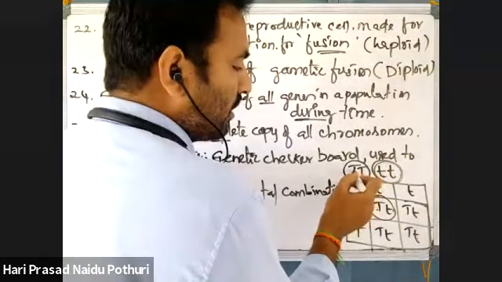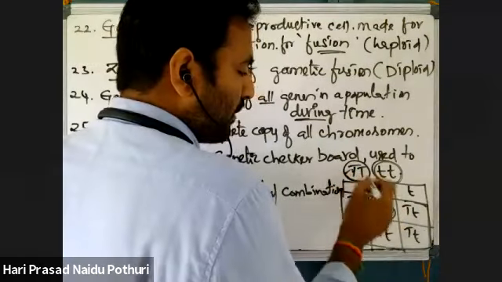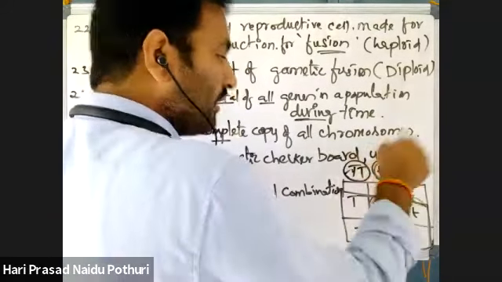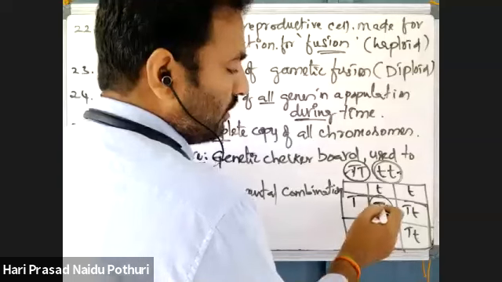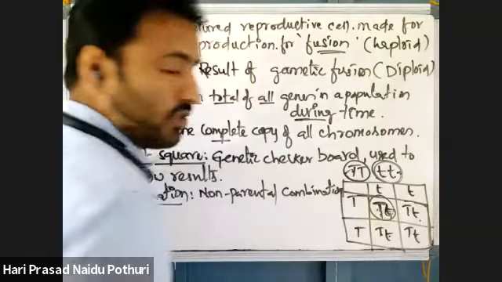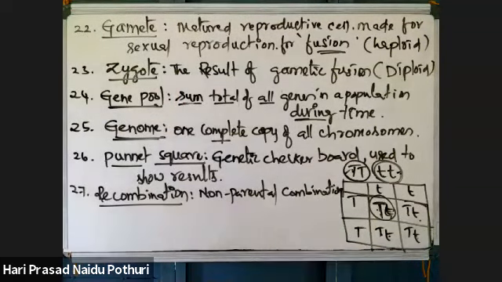This is not fully belonging to this parent or that parent. This is different from the parent, so this is not belonging to any parent. This is a non-parental combination. So the non-parental combinations which are produced as offspring are called genetic recombination.